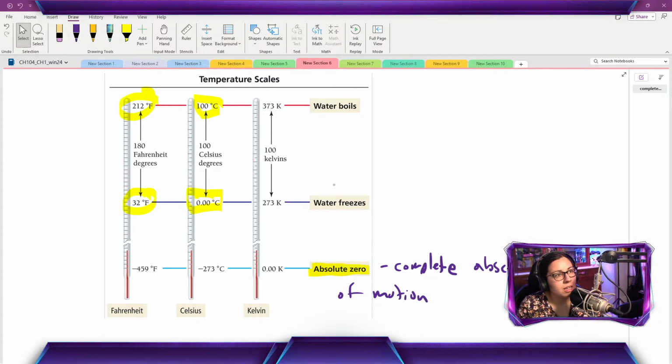But the nice thing about Celsius and Kelvin is that each degree increase matches. And so what I mean by that is, notice there's 100 degrees Celsius between freezing and boiling, and there's 100 Kelvin between freezing and boiling. So they scale the same, which means it's easy to convert.